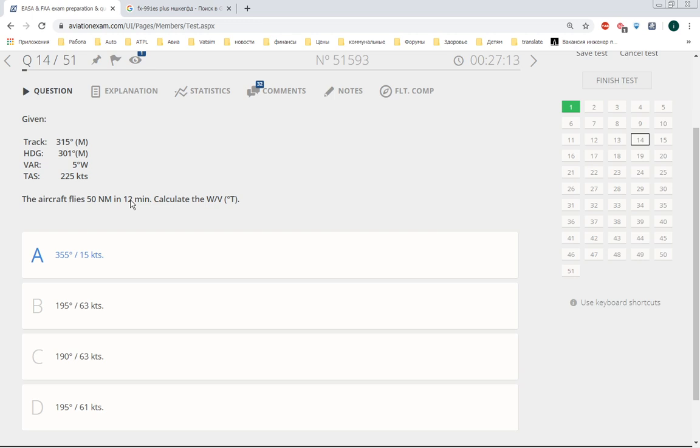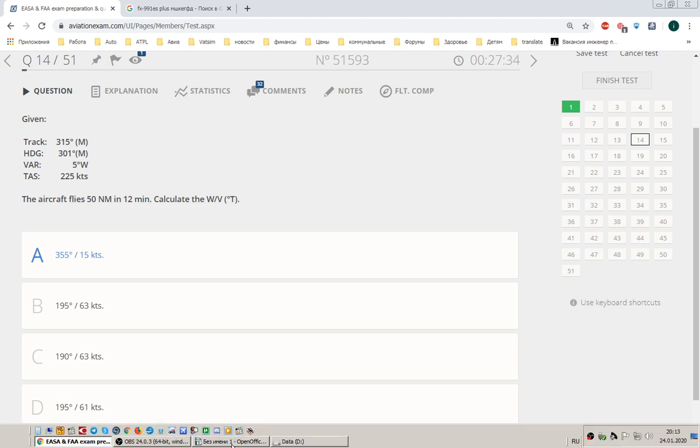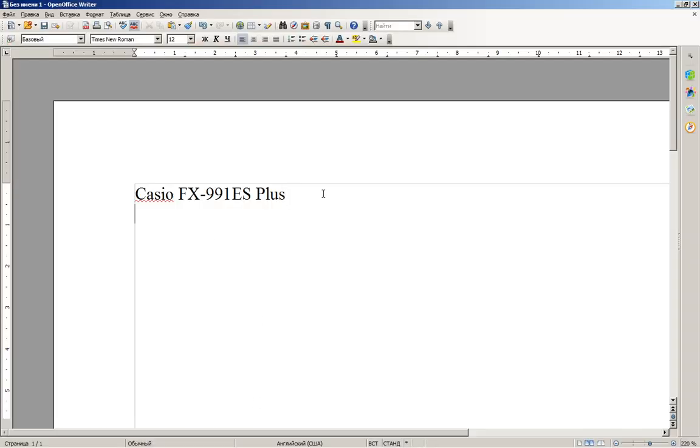If 1 hour is 60 minutes, and we divide 60 minutes by 12, we have 5 parts of 1 hour, and if we multiply 5 by 50 nautical miles, we will have 250. 12 minutes is one fifth of 1 hour, and 50 nautical miles multiplied by 5 gives 250 knots.